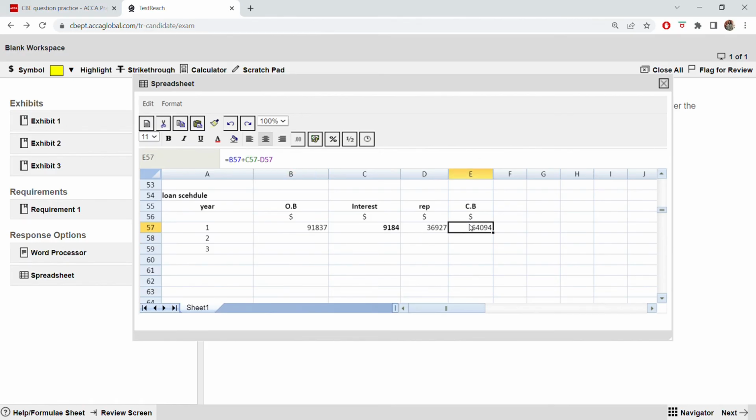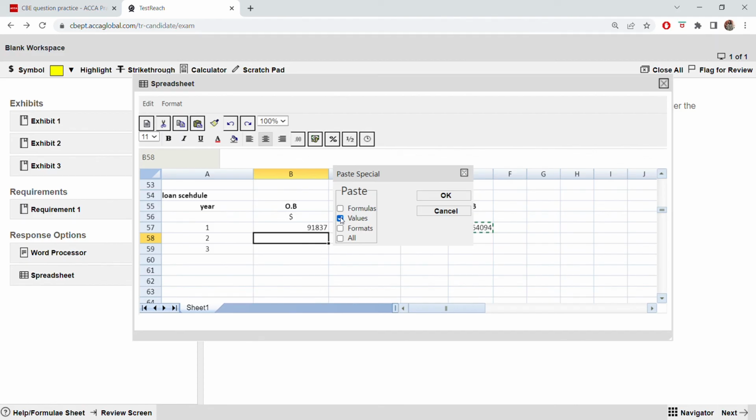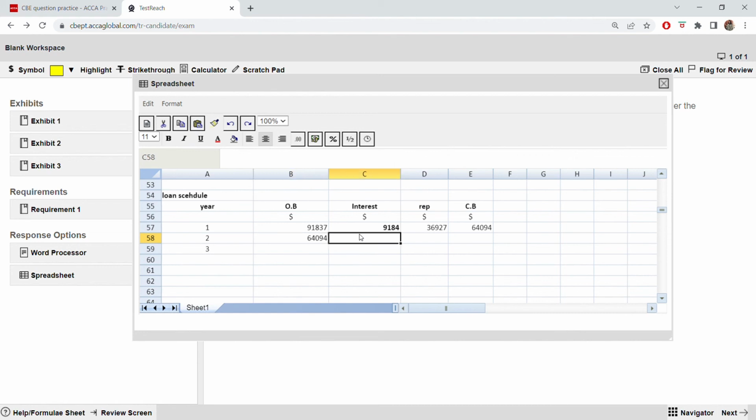So you can just copy it here, paste. It will ask for reference. Why? I told you, copy, paste special. The value or the formula also you can take. You can just take the value. Interest.